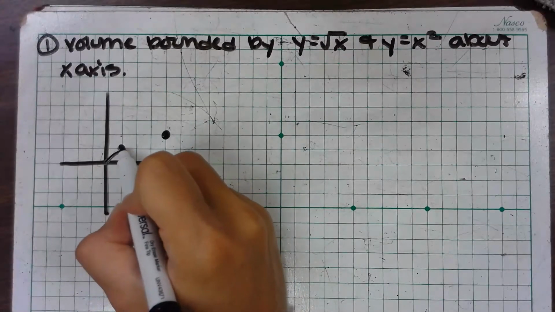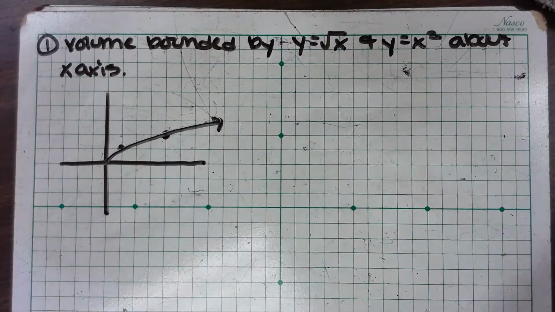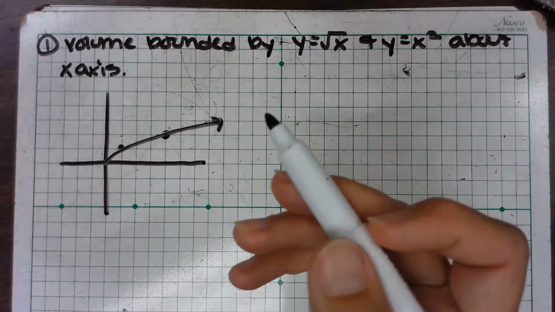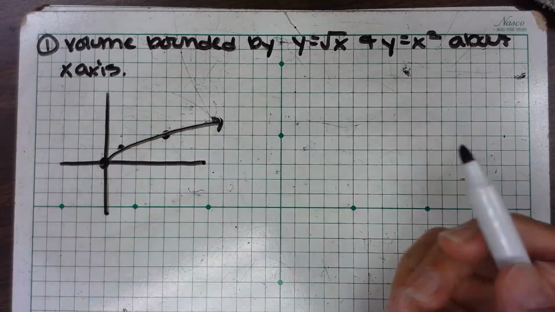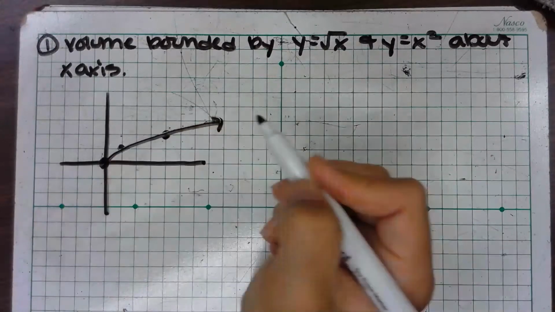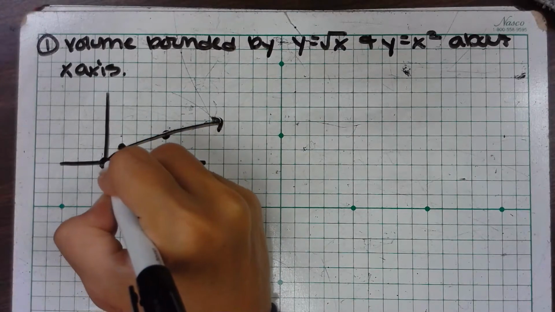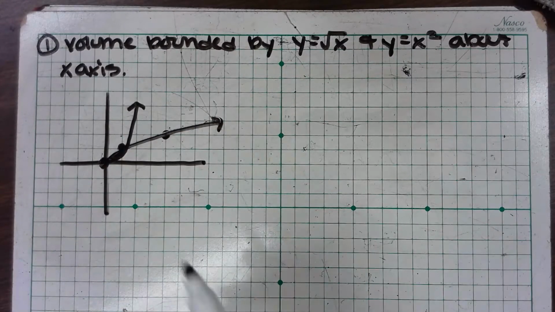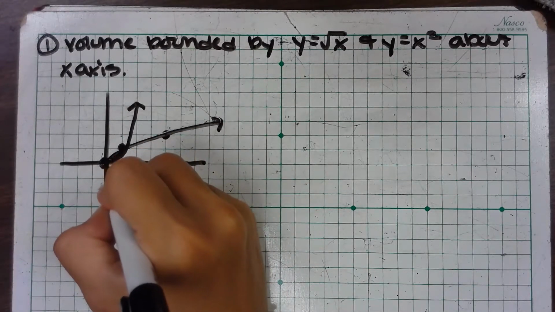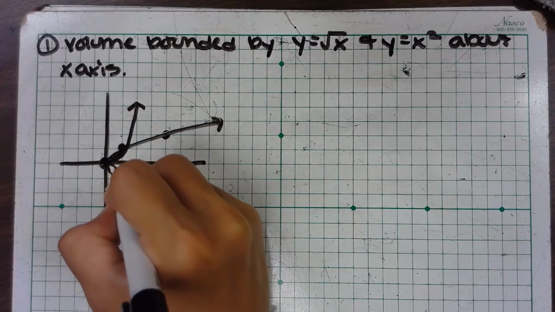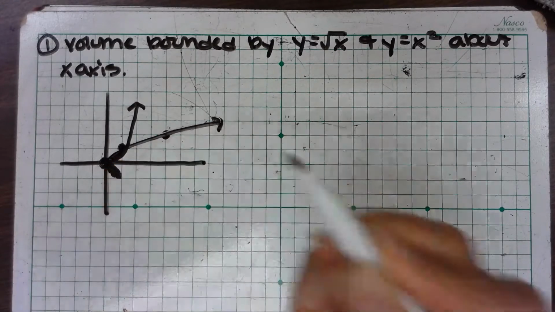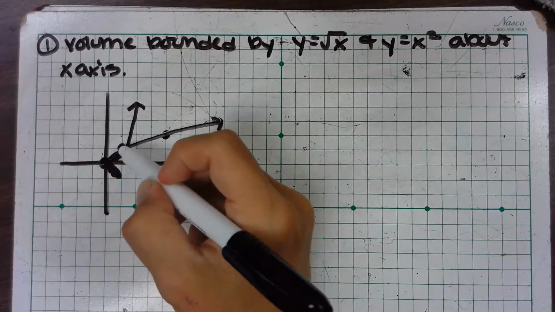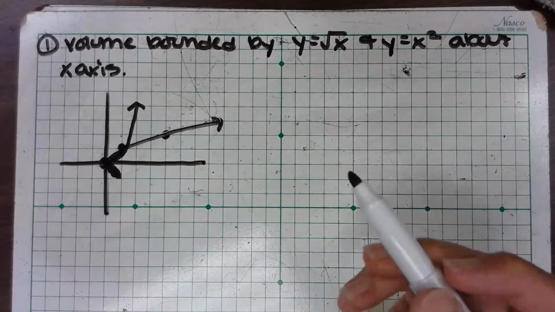Okay, so it's looking something like this. Here x squared, that would be at 0, and then at 1 like that, and it goes up like this. So really we're looking at this little sliver right here. Okay, and we're rotating it around the x-axis.